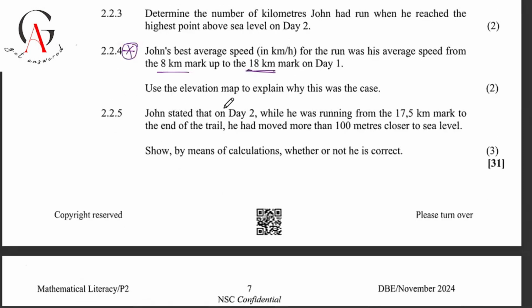John stated that on day 2, while he was running from the 17.5 kilometer mark to the end of the trail, he had moved more than 100 meters closer to sea level. Show by means of calculations. So now we shall take at 17, what distance was it?